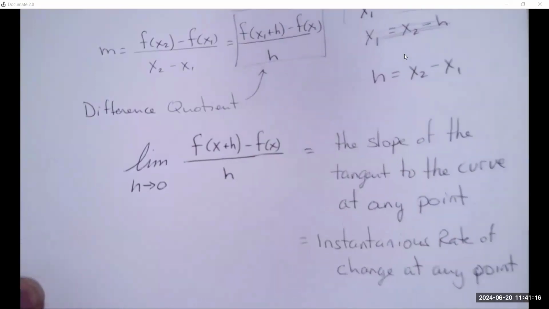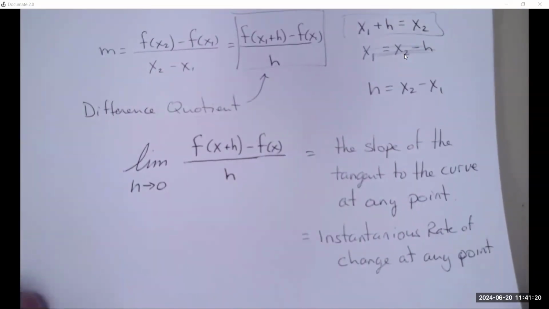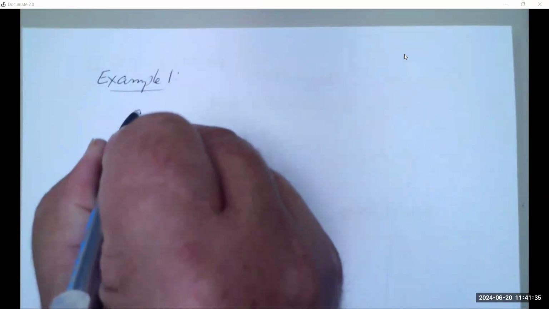Let's look at example 1. We have a couple of parts.